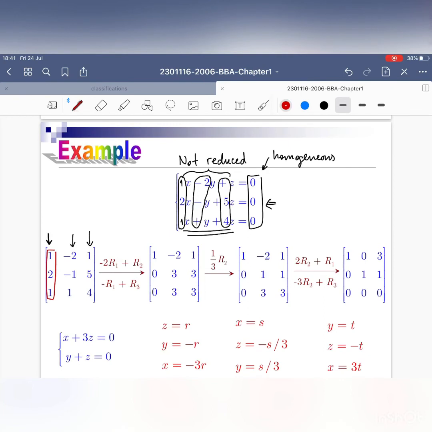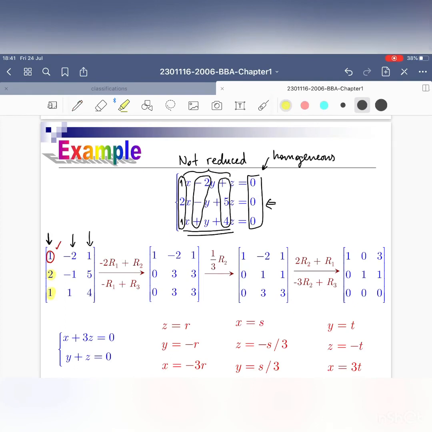So look at the first column. As you look at the first position of your first column, it must be 1, and it's already 1, so you are okay. Then you are going to get rid of the 2 and 1 here. How are you going to get rid of them?